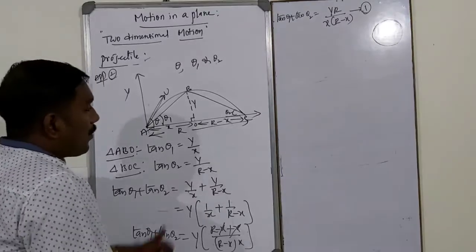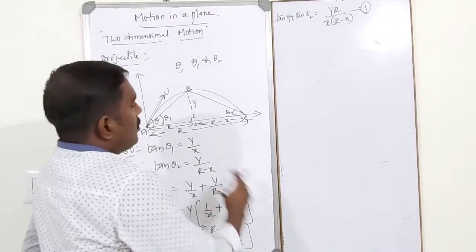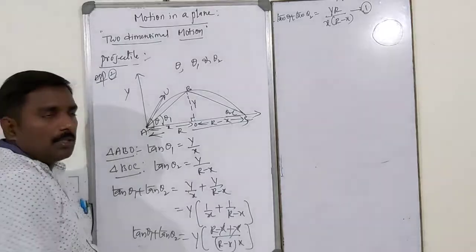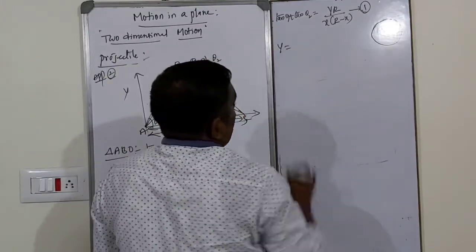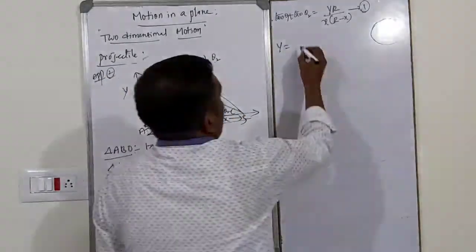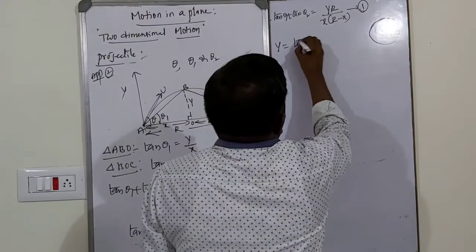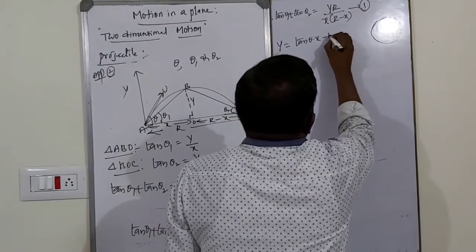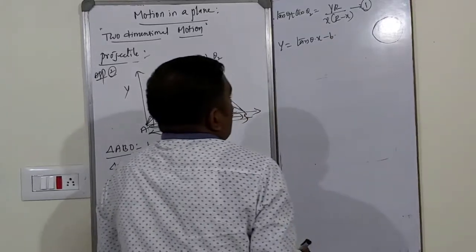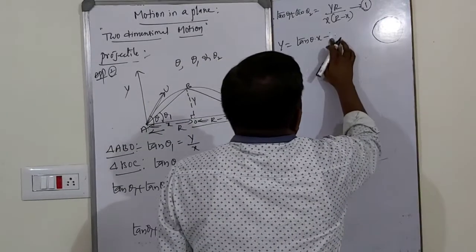Okay. Now from projectile motion, so this is which path? Parabolic path. So parabolic equation y is equal to what? a x minus b x square. That is tan theta x minus b. What is the value of b?